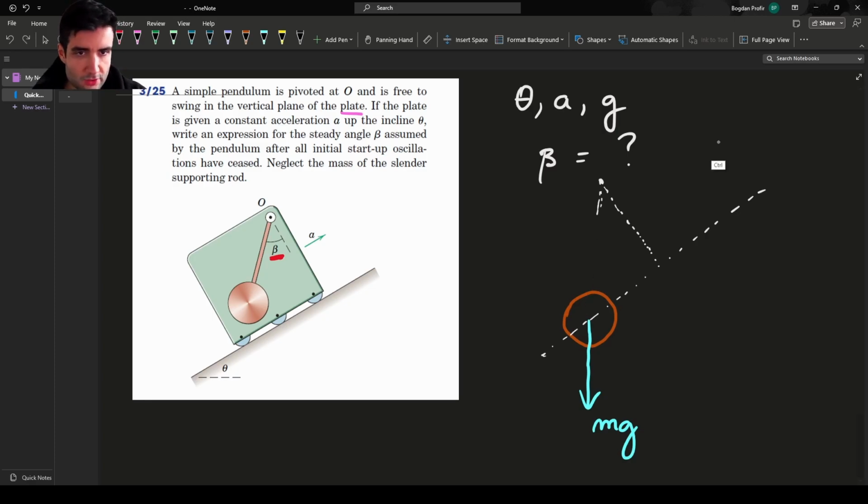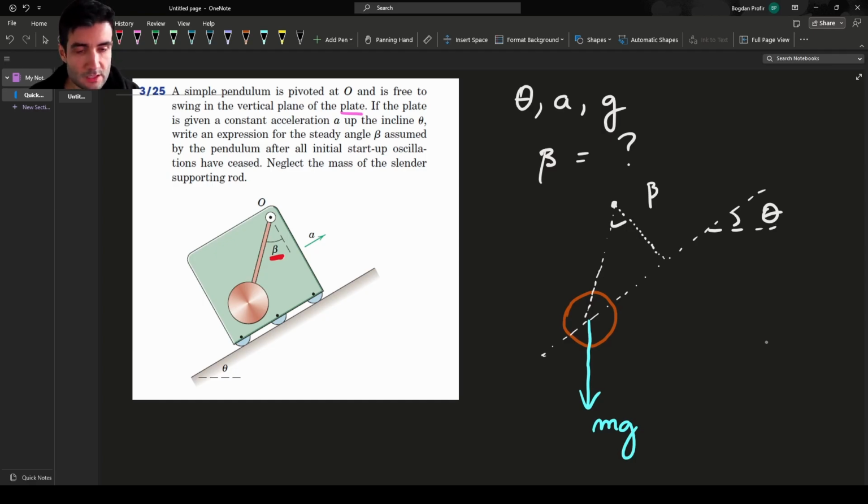Maybe I should draw it a bit shorter because it looks like it's in the same direction as the weight, which it's not. So let's say this is where the arm is attached, right? So we've got this angle here, which is beta. And we know the angle of the incline with respect to the horizontal is theta.